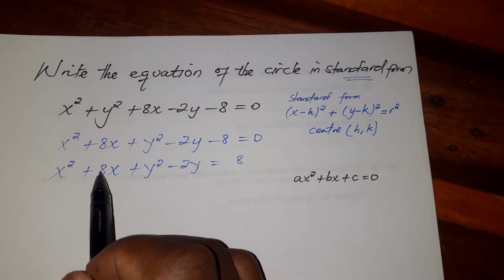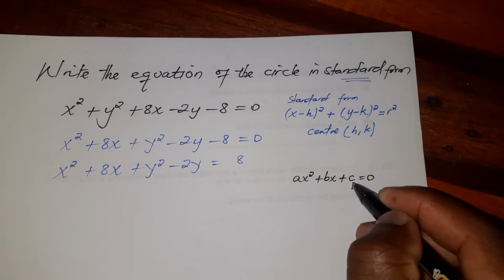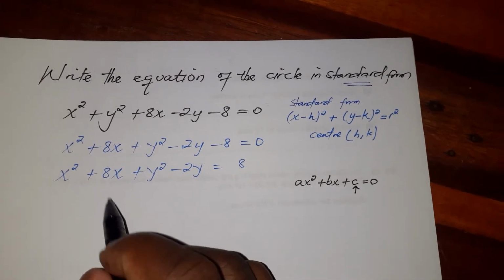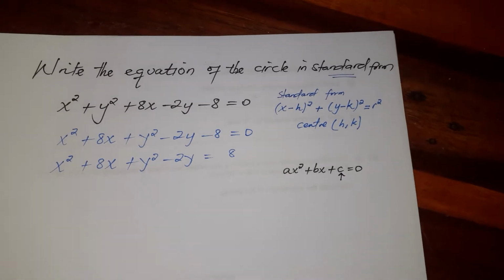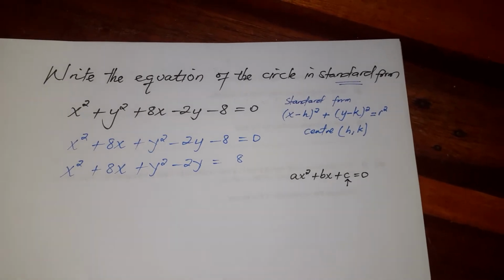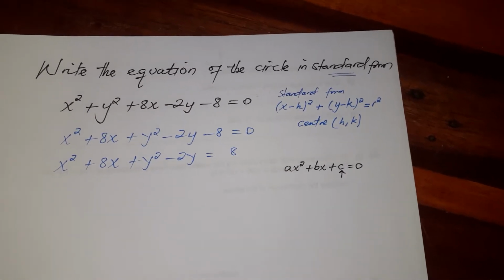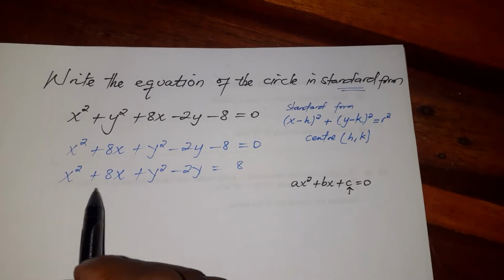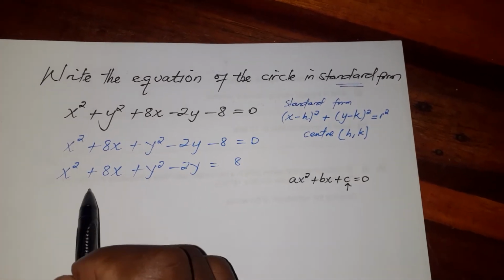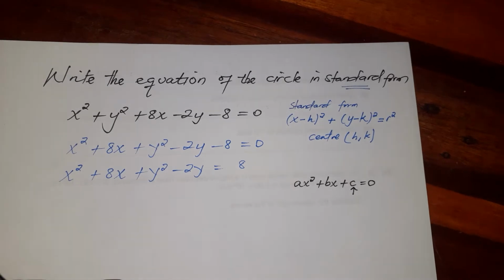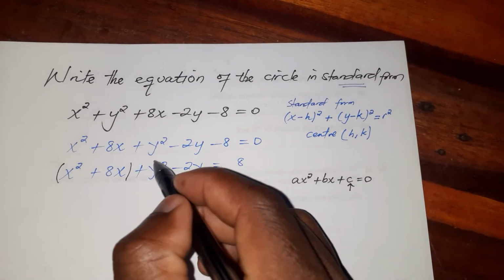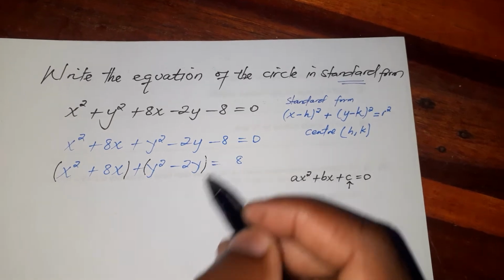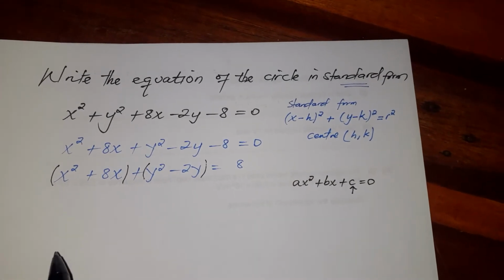It means we need to find the constant so that we can have a perfect square. To do that, we have to identify our b value in here. Maybe we can try to group this like that so that it becomes a little bit clear.